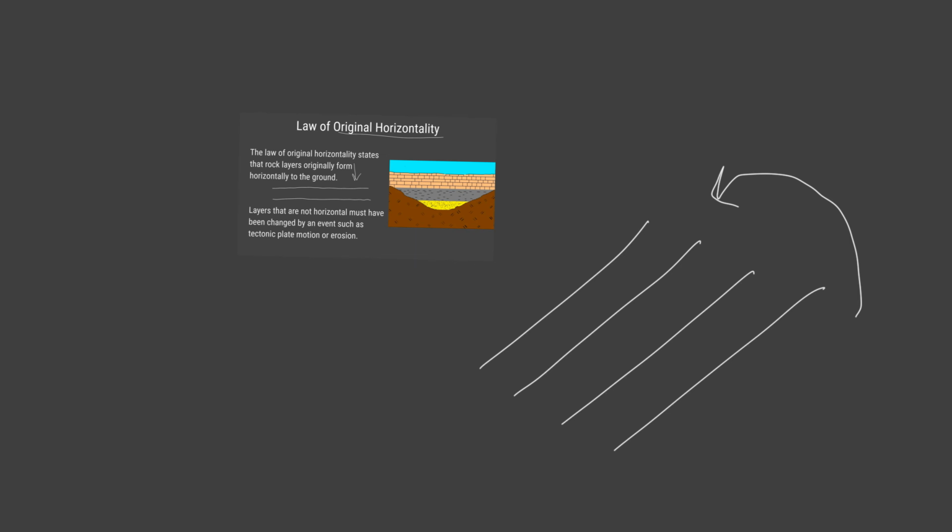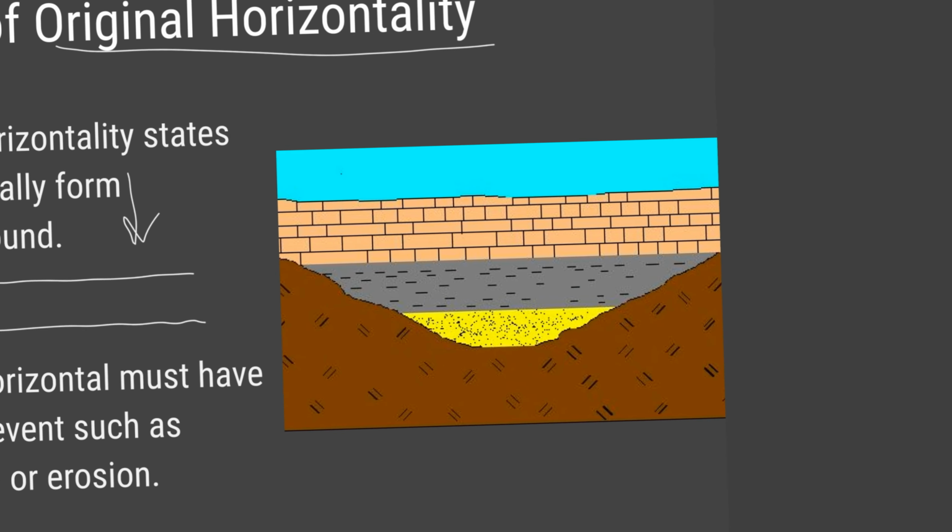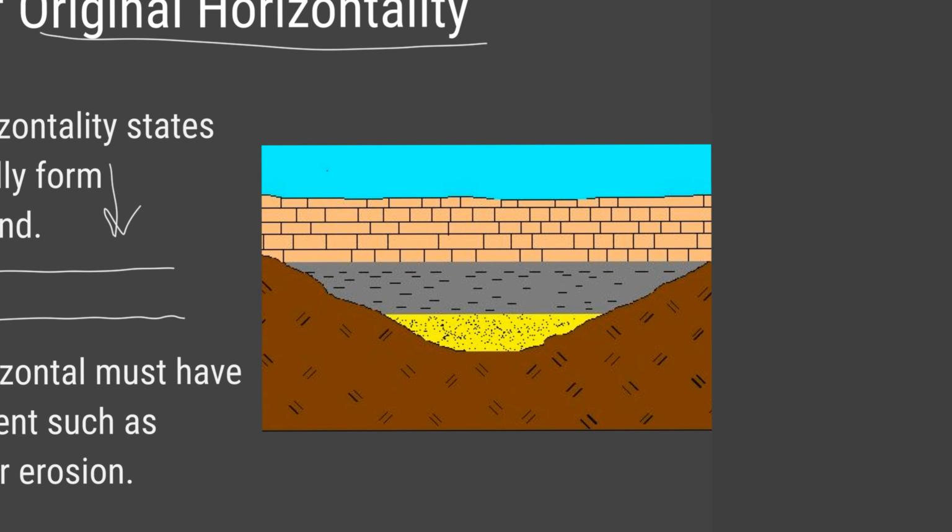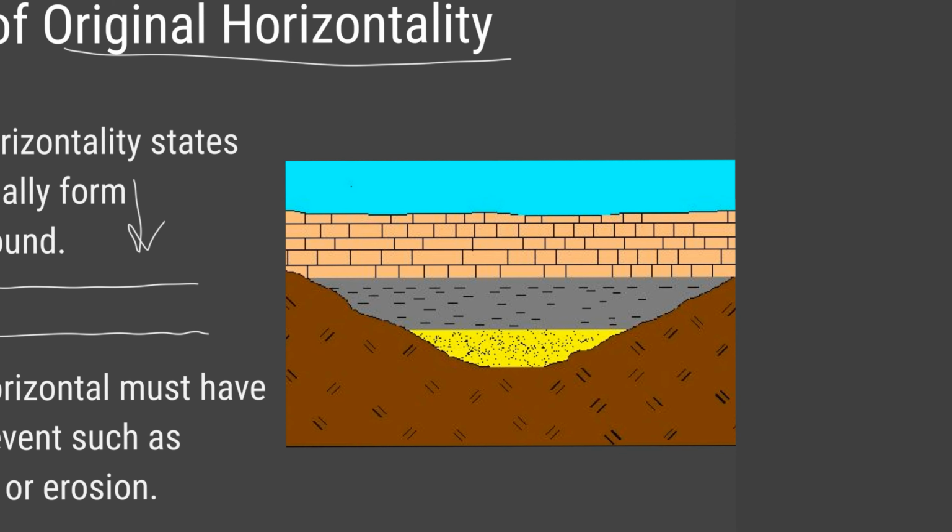But if we zoom back in on this picture, we see another thing that can change the horizontal nature of a rock layer. Let's focus on this brown layer at the bottom. We know that originally, the law of original horizontality tells us, that layer would have been horizontal.